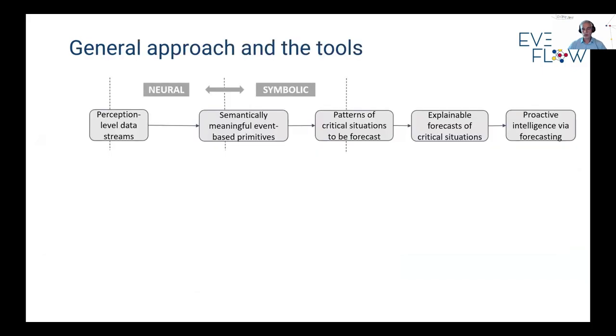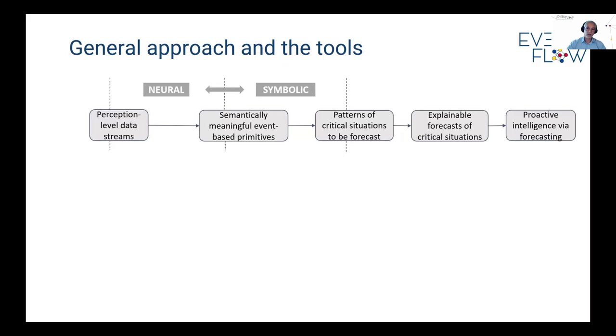And the general approach we had and the tools we use for all these 3 use cases, besides the use case specific applications, were first a neurosymbolic pipeline, right? So we have perception data coming from sensors or whatever. Then with neural networks, we get some simple events out of them, and with the neurosymbolic approach, we get some complex events out of that, which we can forecast, right?